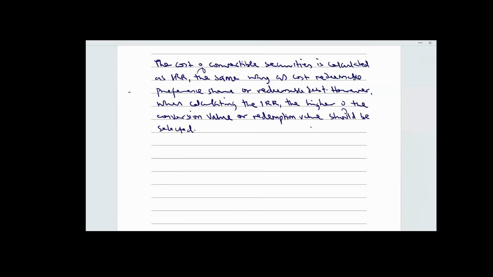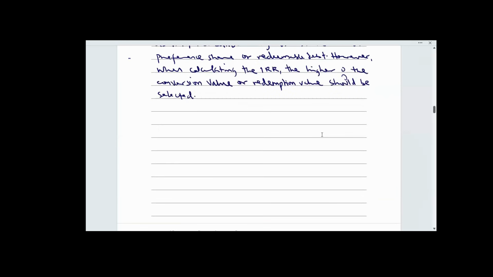So anytime you want to calculate cost of convertible securities, your intention is to calculate the internal rate of return. So where you normally have the redemption value when you are calculating your NPV, you will replace it with the conversion value only if the conversion value is higher than the redemption value. So that's all you need to do. That's the difference between this and cost of redeemable preference share or redeemable debt.